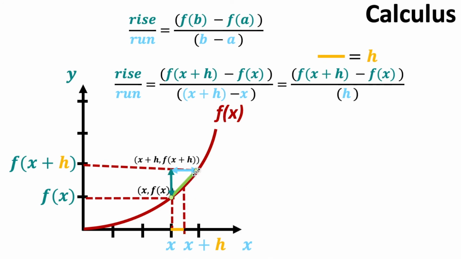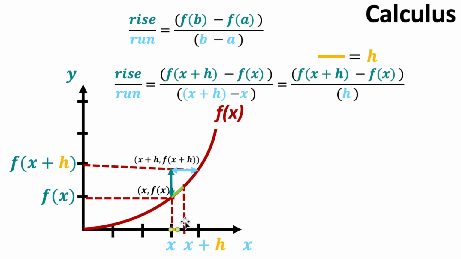Therefore, the line that we make between the 2 points is also closer to the gradient of the point that we're looking for.